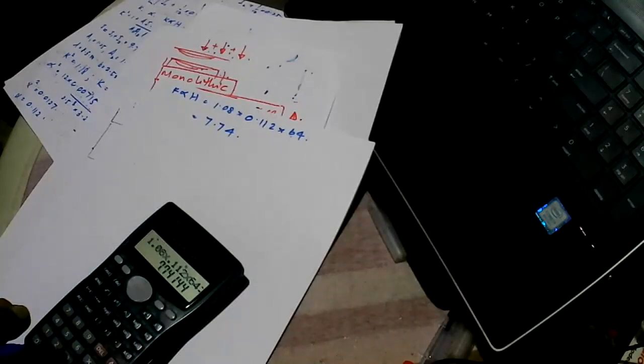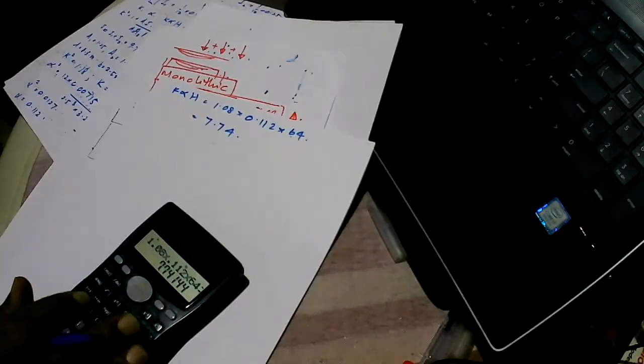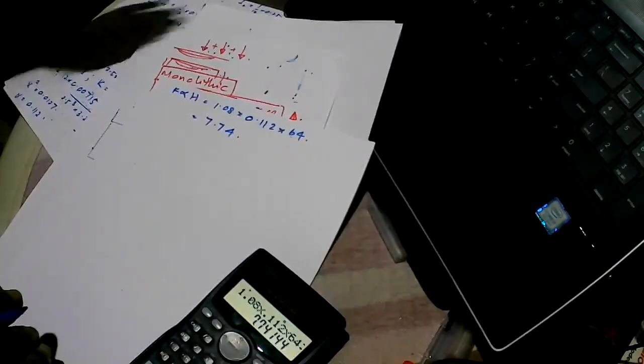You can see we have a fairly rigid beam connecting, because 0.7 meter depth over 2.5 meter span. So we have a fairly rigid beam, and that's why we are getting 7.74.